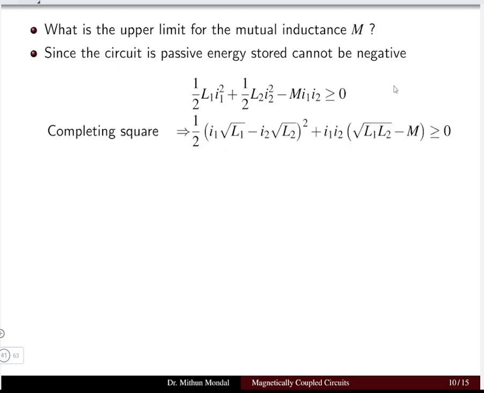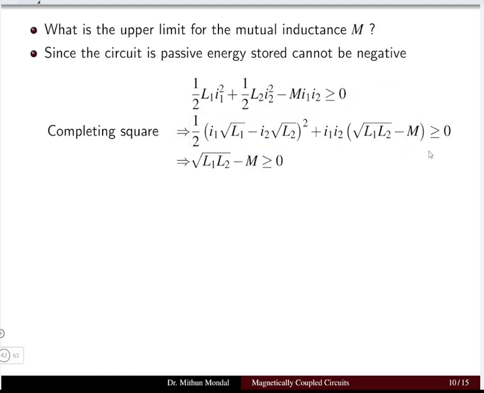If we complete this equation to a perfect square, we get an equation like this, and it has to be greater than or equal to 0. If you observe the first term, since it is a square term, it is always greater than 0. This is a positive quantity, and we have to see the remaining quantity to determine whether it is positive or negative.